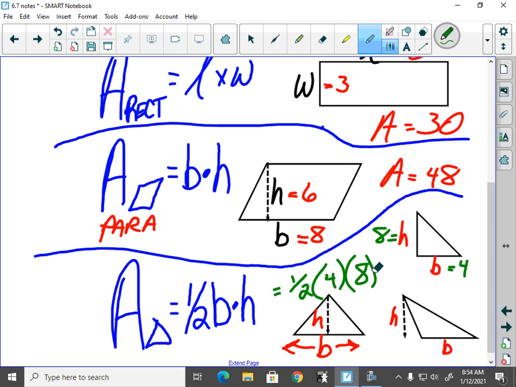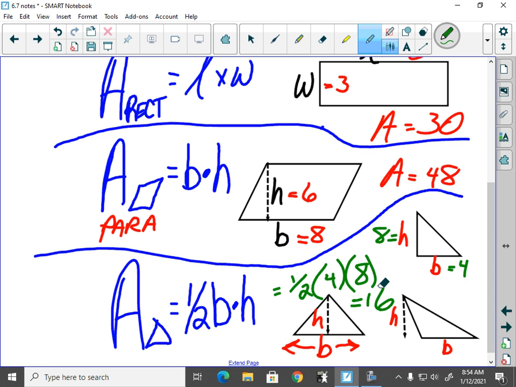How do you do that, Mr. Blanchard? If you're using a calculator and you don't know how to use your fraction button, just turn a half into 0.5. So 0.5 times 4 times 8. If you want to do 4 times 8 and then divide by 2, that's perfect also. 4 times 8 is 32, divided by 2 is 16.